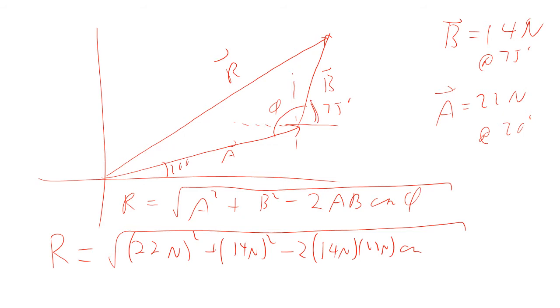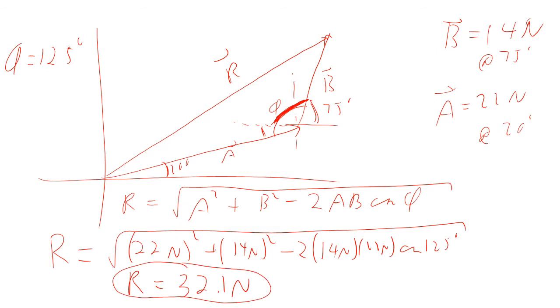Well, if that's 75 degrees, then this right here between vector B and the horizontal is going to be 105 degrees, and that's 20 degrees, so that means that phi has to be 125 degrees. Okay, so R comes out to be 32.1 newtons.